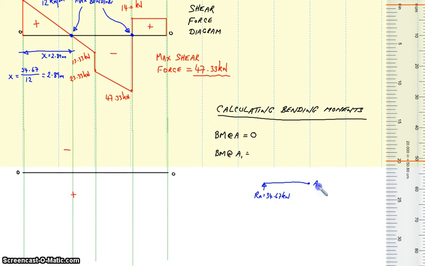This is point A1. We've got this portion of UDL we need to consider, which is 12 kilonewtons per meter. And we now also know this distance. We just calculated that, which is 2.89 meters.